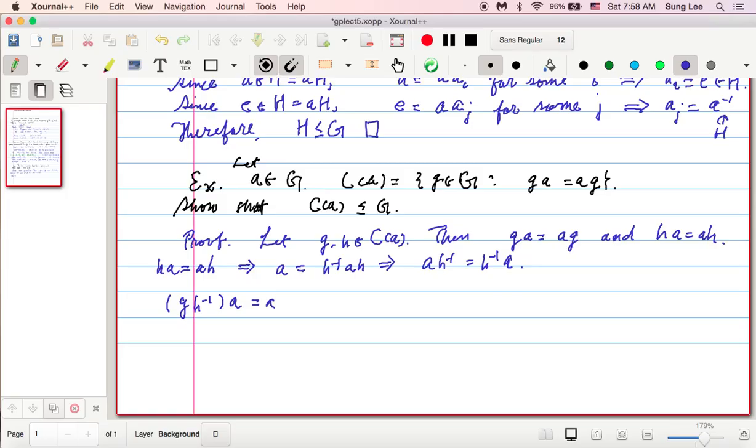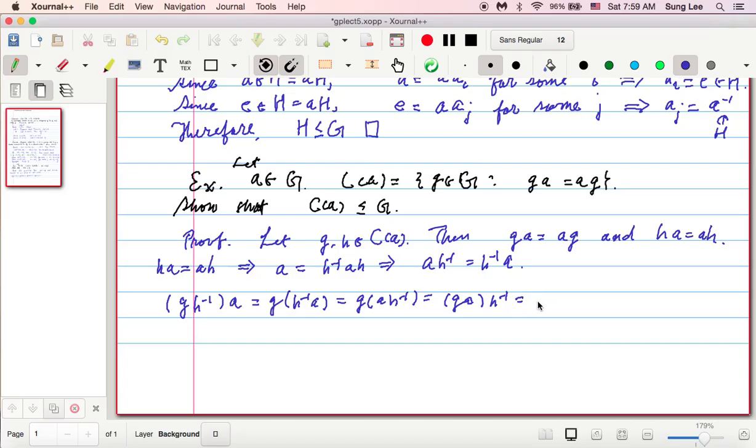That's by associative law. But now we just showed that H inverse A commutes, so that's the same as G times AH inverse. And by associative law again, this is the same as GAH inverse.